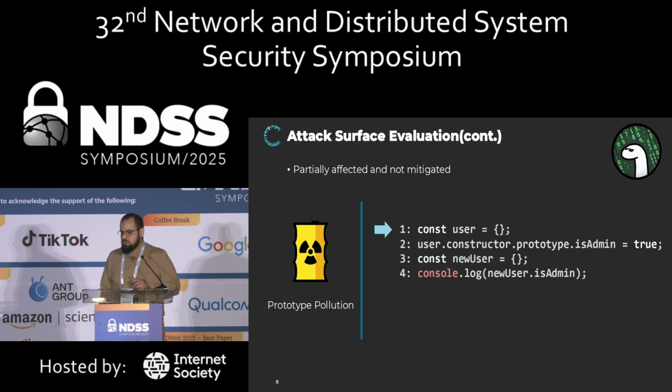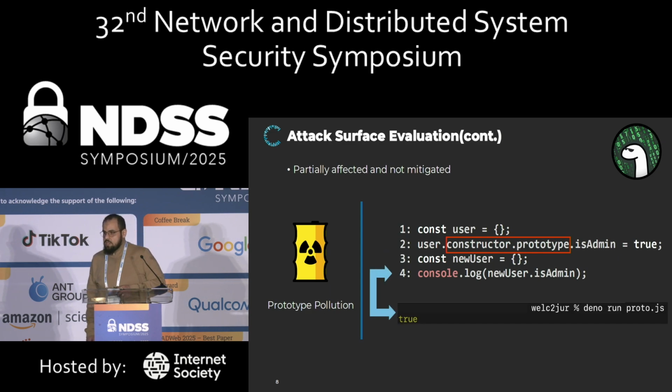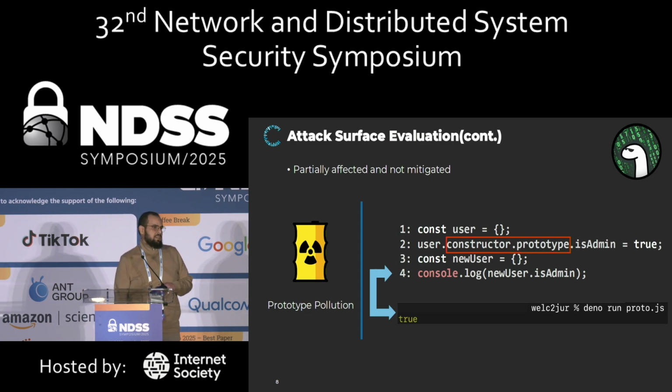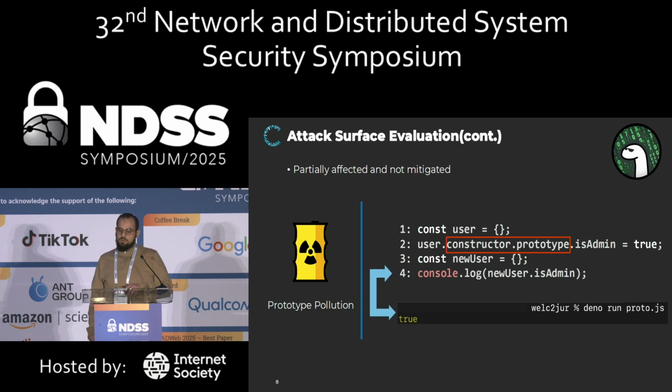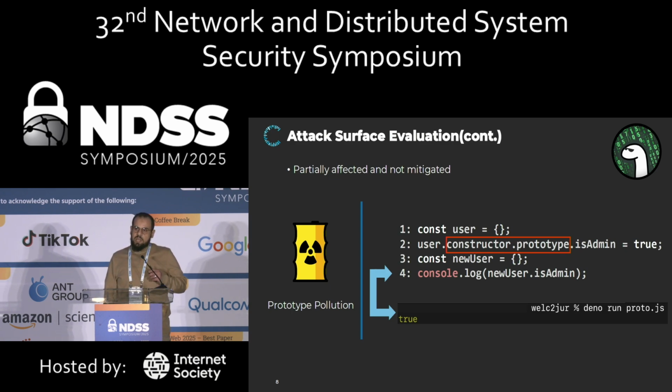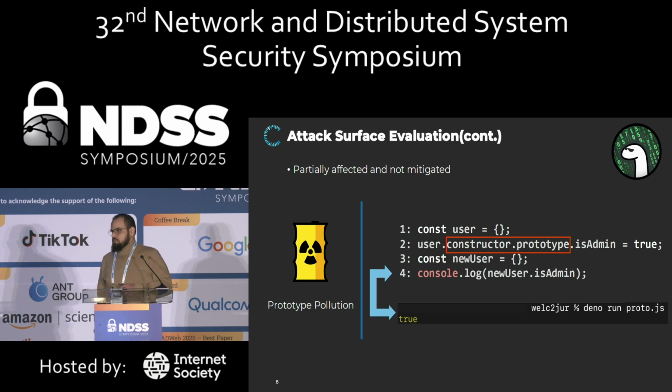Let's see. In the first line here we define the same user, but we changed __proto__ to constructor.prototype. We define another user, and then we try to see, and oops, we got this prototype chain pollution. So we can say that Deno is partially affected, but not yet mitigated.